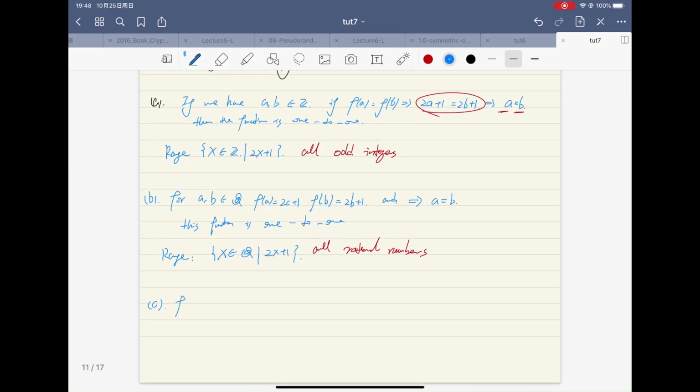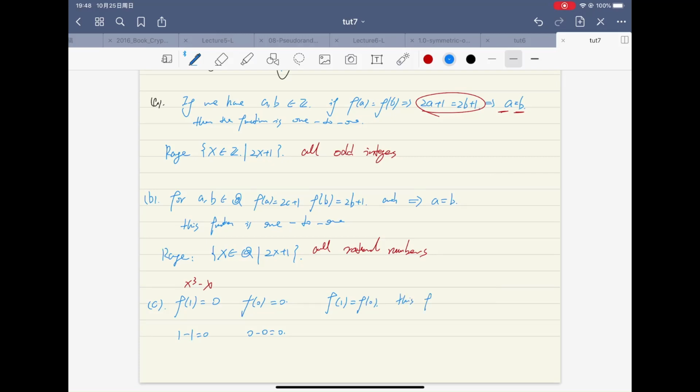Let me write down f(1) equals 0 and f(0) equals 0. We have x cubed minus x. So f(1) is 1 minus 1 equals 0. f(0) is 0 minus 0 is 0. So we have f(1) equals f(0). So this function is not one-to-one.